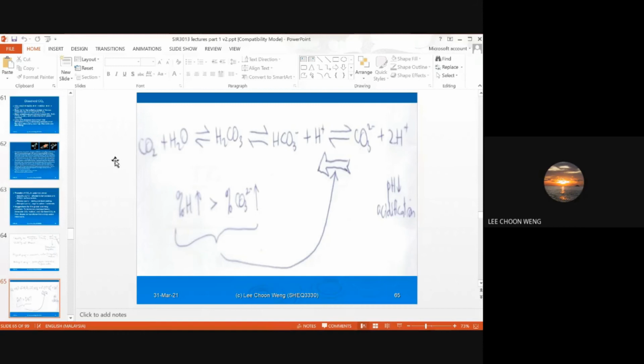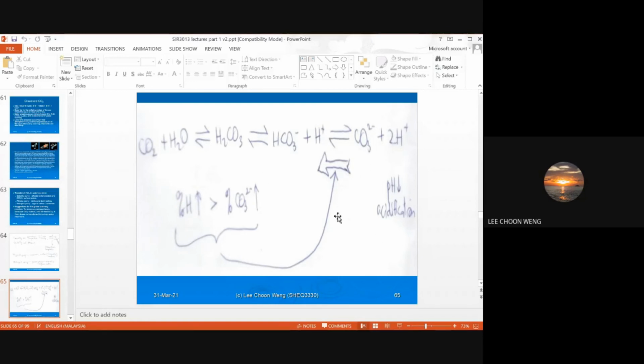So we've seen this equation. It's actually a reversible equation where the dissolution of CO2 in the seas forms carbonic acid, bicarbonates, and carbonates. If you look at this, you'll see that the percentage of hydrogen being formed is higher than carbonates.